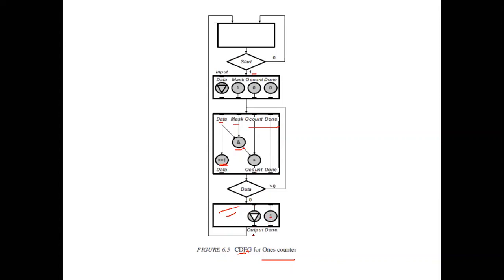So once the done signal is given, the final output will be taken as the output count. Is it clear? And again it will go back to the empty loop. Empty loop means we have to again wait for the start signal. Is it clear? Any doubts?